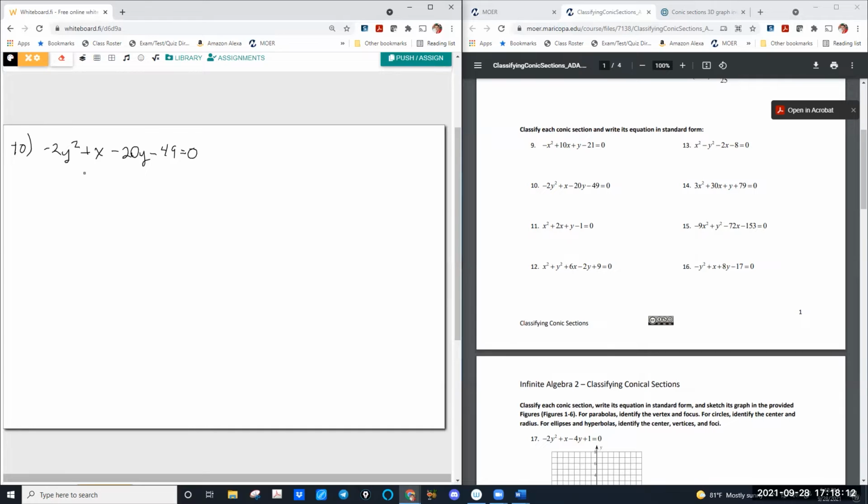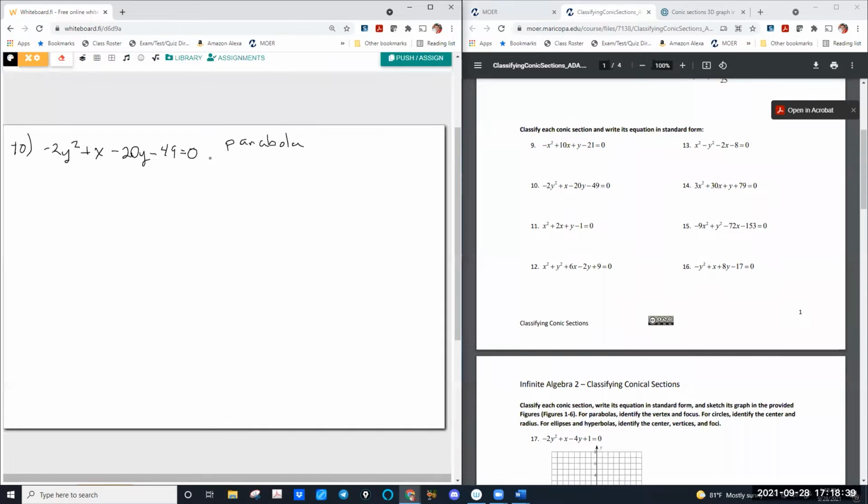It's going to be a parabola, because a parabola is the only one that has only either x squared or y squared, but not both. If both are squared, we still might have a circle, an ellipse, or a hyperbola. So right off the bat on this one, we definitely have a parabola.